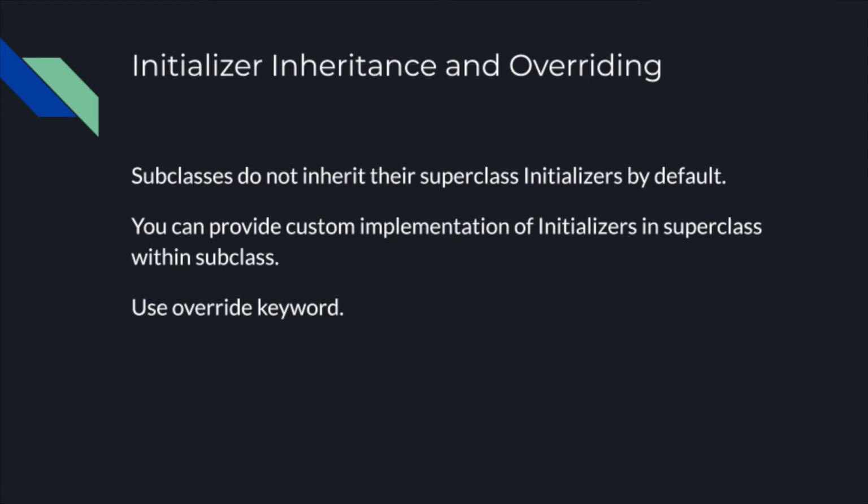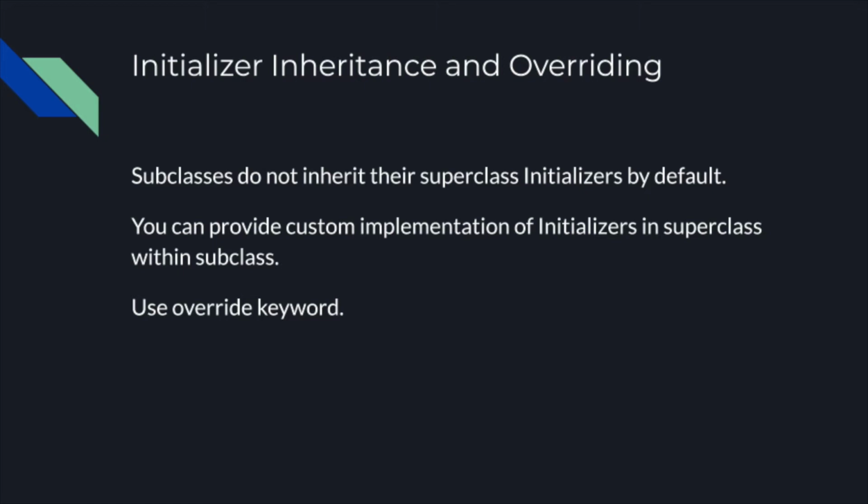If you want a custom subclass to present one or more of the same initializers as its superclass, you can provide a custom implementation of those initializers within the subclass.